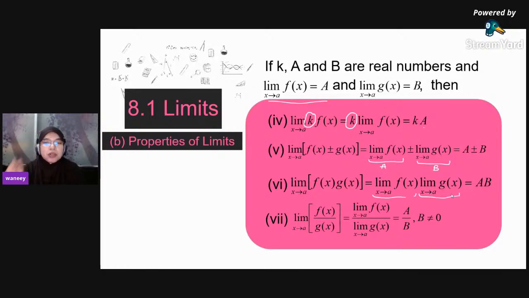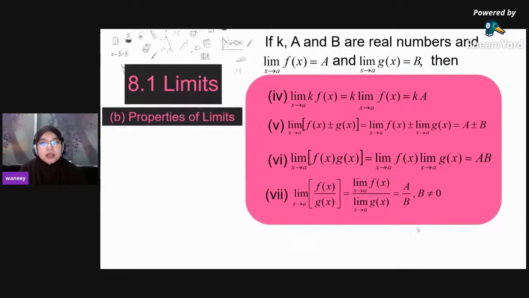The limit as x approaches a of f(x) is simply equal to a, and the limit as x approaches a of g(x) is equal to b. But one thing you must know is that the b value cannot be equal to 0. Otherwise, we are going to have infinity.